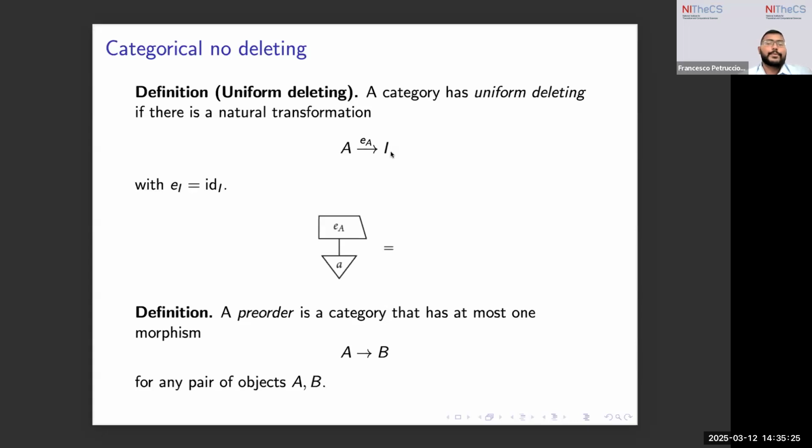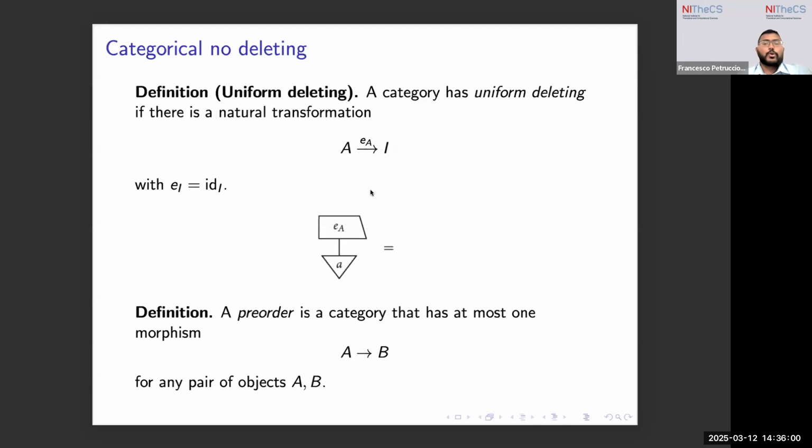All it is saying is that you can always transform your objects into the empty diagram, because we said I is the empty diagram. So E subscript A is said to delete the state small a if we put the state small a into the operation E_A, and we get the empty diagram.